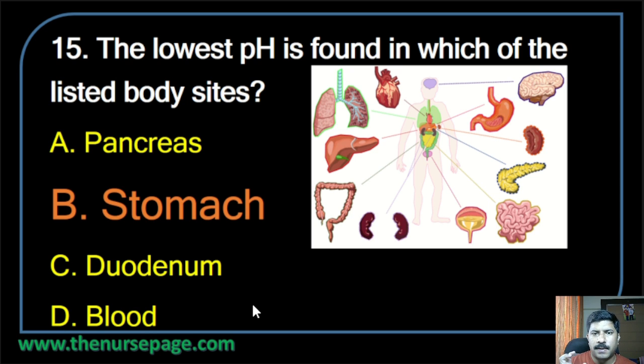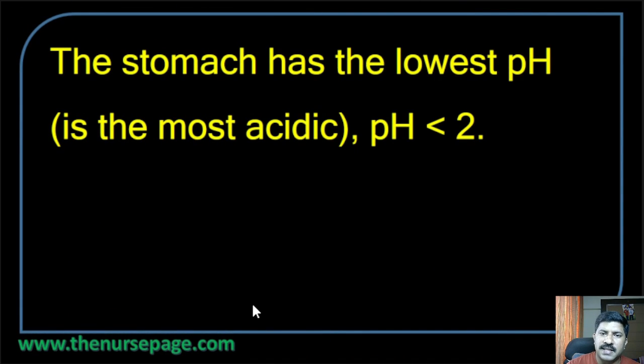Normally the neutral pH is between acidic and alkaline, that is around 7. If the pH is low, it will be an acidic solution. If pH is high, it will be an alkaline solution. So in the stomach the pH is less than 2. That is an extreme pH, a very high level of acidic contents inside the stomach.